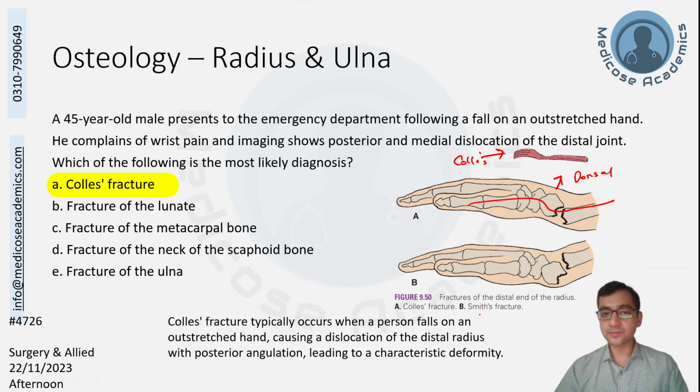And the Smith's fracture is exactly opposite. After breakage, the distal end moves downwards rather than upwards. So Colles' fracture is the one that occurs in the outstretched hand fall, and here the distal end has moved dorsally.